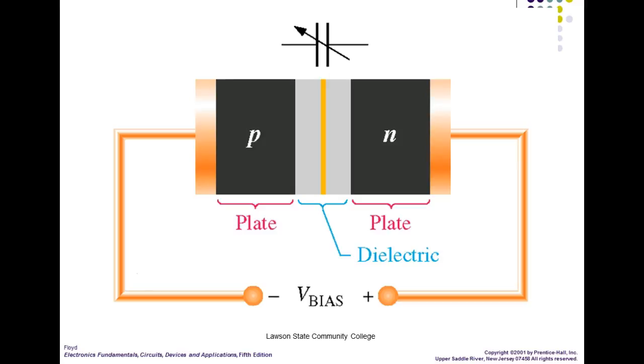But that capacitor is actually a variable capacitor. Anytime we put an arrow through a symbol, what does that mean? It means it's variable or adjustable. So if I make the depletion region bigger, capacitance would go down. If I make my depletion region smaller, capacitance would go up, right?